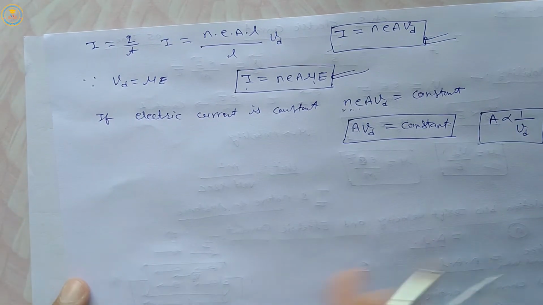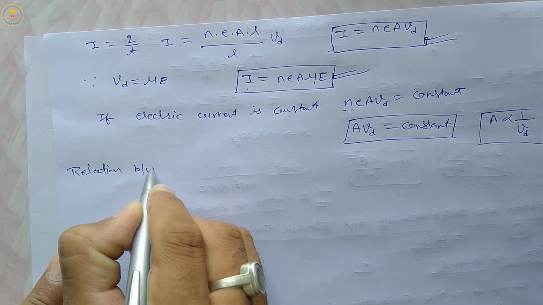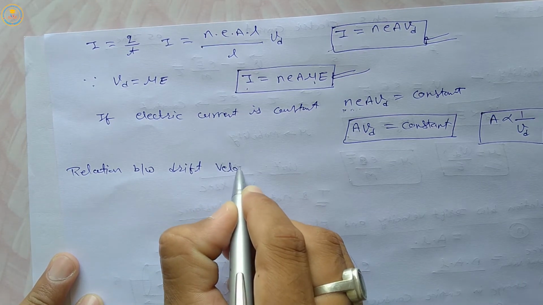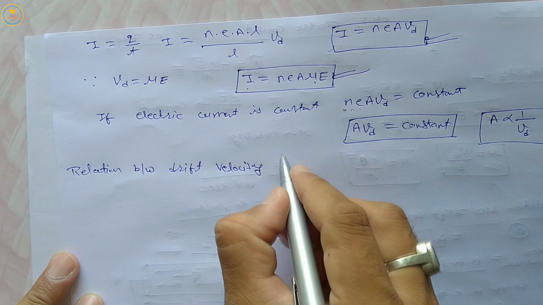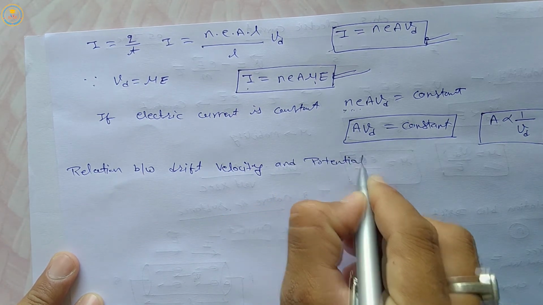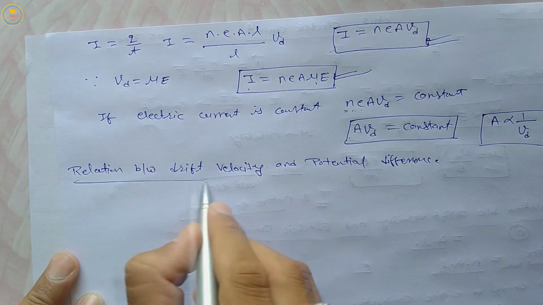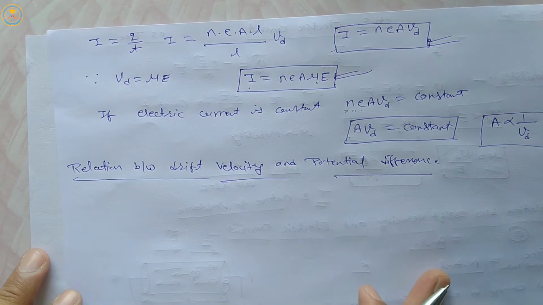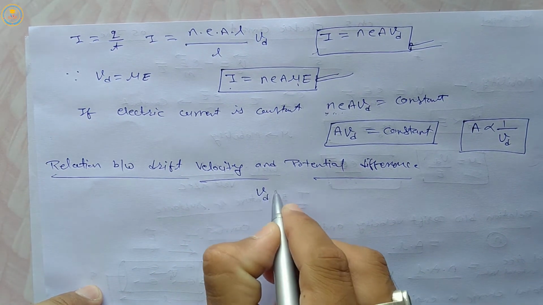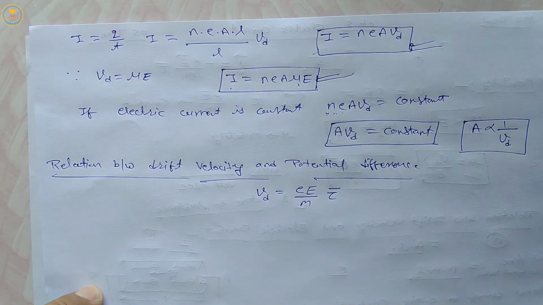Now the relation between drift velocity and potential difference, it means the relation between Vd and capital V. Again, we know the drift velocity Vd is equal to E tau bar upon m, where E is the electric field.